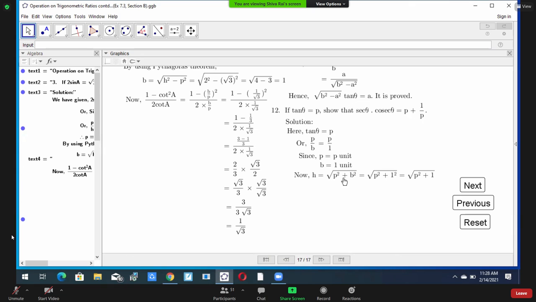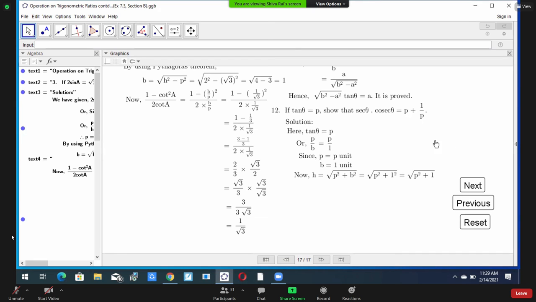So H equals under root P square plus B square, which is equal to under root P square plus 1 square, because P equals P and B equals 1, so B square equals 1 square. Actually, 1 square means 1 into 1, which is 1. So now we are getting H also.